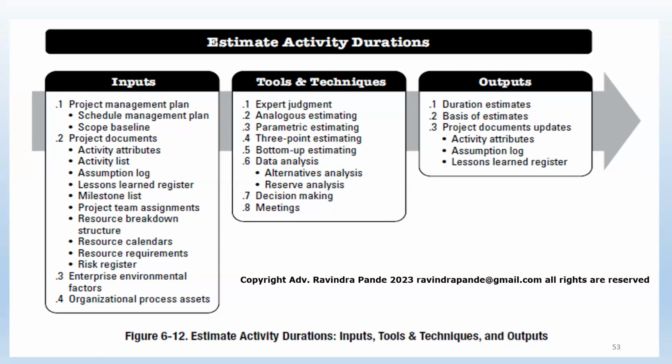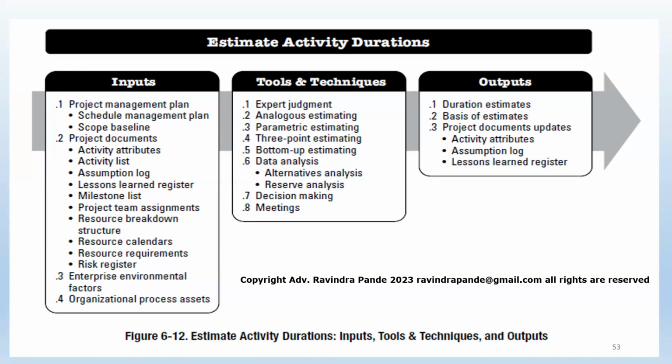Now there are 4 estimation techniques mentioned here, which we're going to learn in the next slide. First is analogous estimating. Second is parametric estimating, third 3-point estimating, fourth bottom-up estimating, and then 2 which are used as modern estimation methodologies, like lines of code or kilo lines of code, and function point estimation. So these are the 6 estimation techniques which we're going to learn.